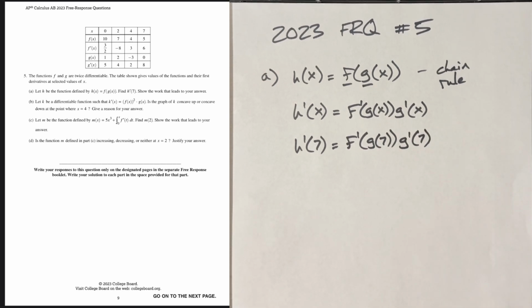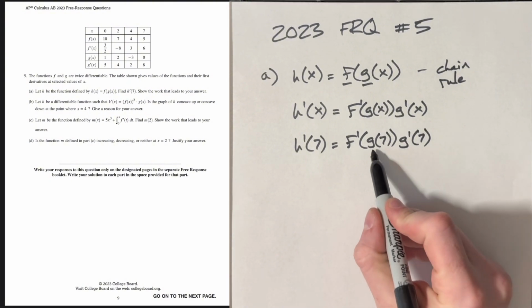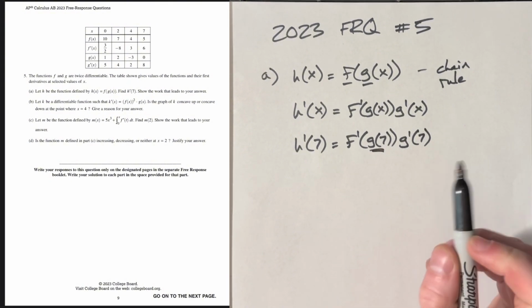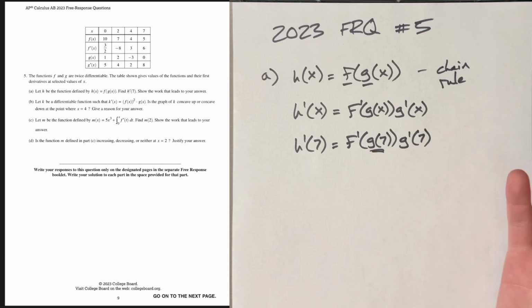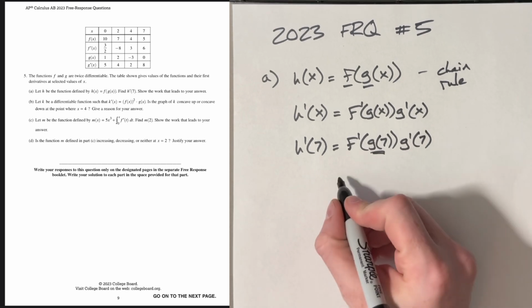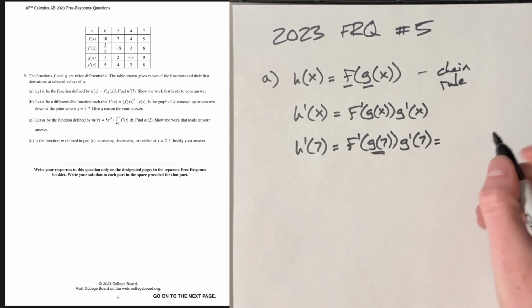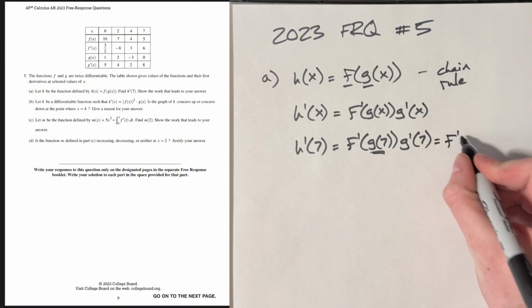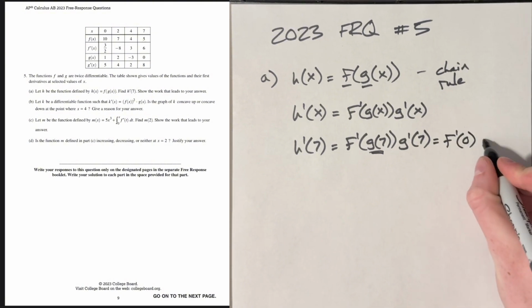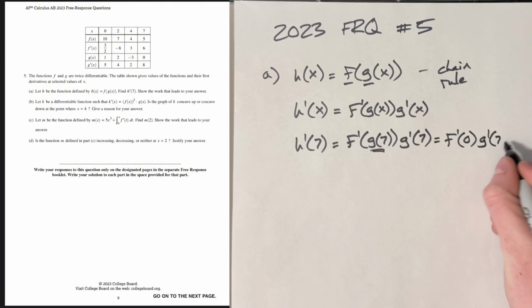Now we need to go looking at our table, which fortunately has all the values we need, it looks like. We'll start out by looking at this g of 7. It says that g of 7 is equal to 0. So this will now be equal to f prime of 0 times g prime of 7.